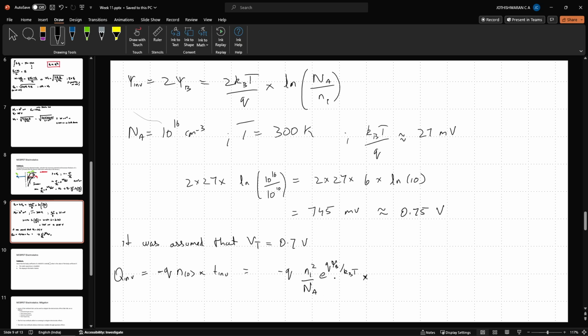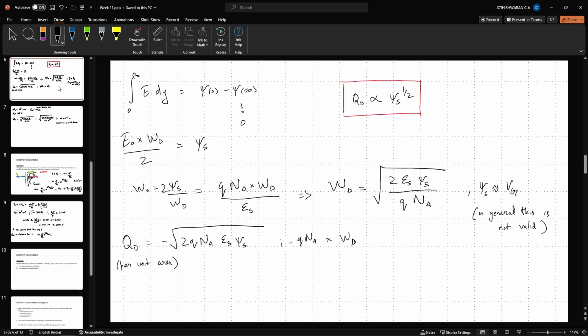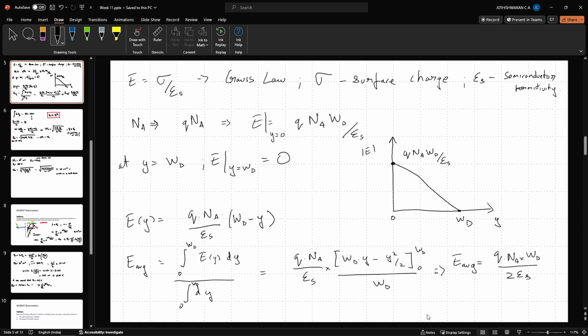Now how do I get the average length? For that, it's not a correct approximation, but once again I will assume that the electric field is dropping linearly through this system. Going back over here, where did I derive the average electric field? Yeah, that's over here.